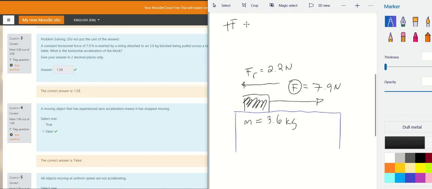So F minus Fr equals ma. Remember that this formula is from Newton's second law of motion, F equals ma. Whenever there's a force and an object with mass, it will move accordingly. In every force, there is an interaction between mass and acceleration. That's what Newton's second law means.